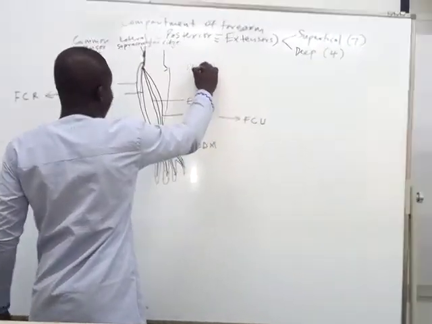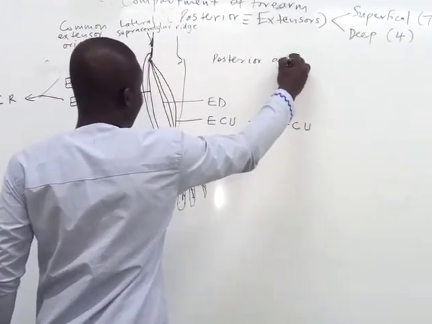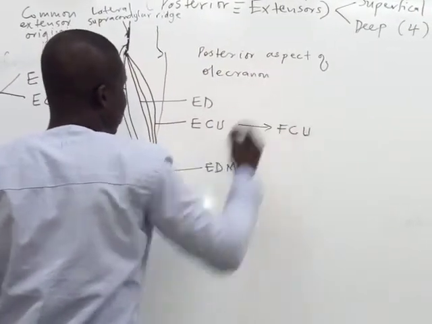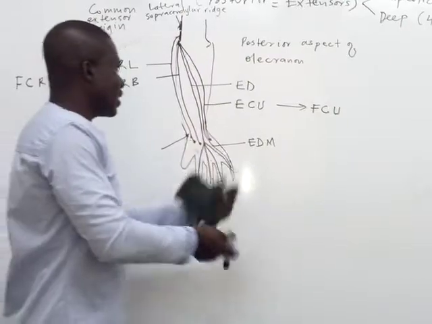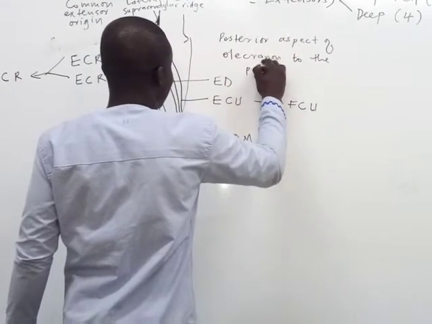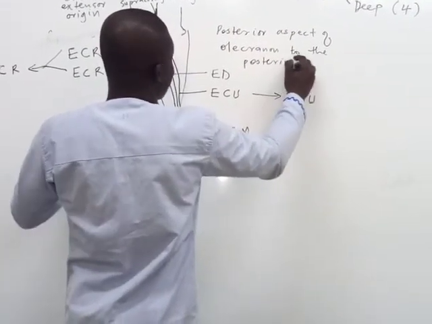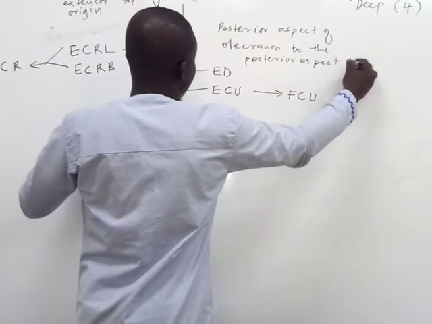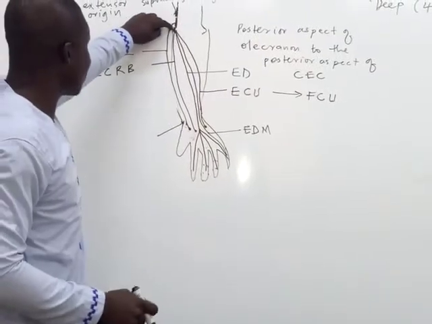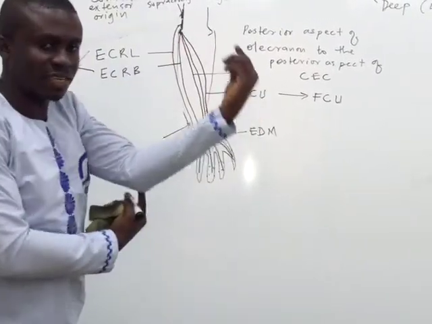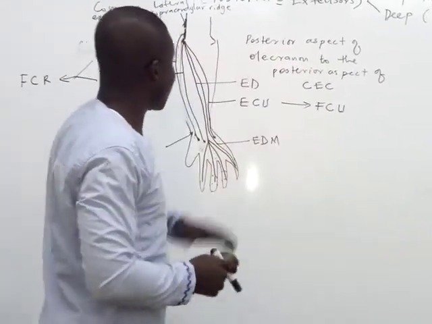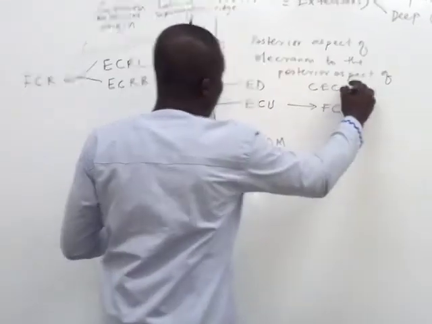From the posterior aspect of the olecranon process, and inserts to the posterior aspect of the common extensor origin. So from the common extensor origin, the posterior aspect of the common extensor origin, that's the lateral epicondyle, all the way to the posterior aspect of the olecranon. There's another muscle known as anconeus.